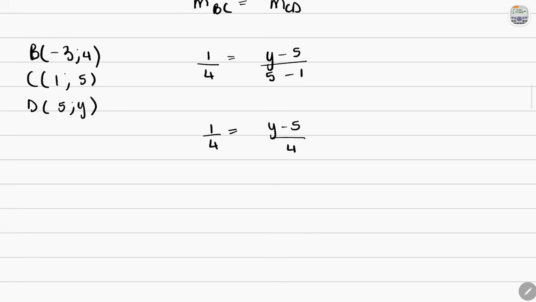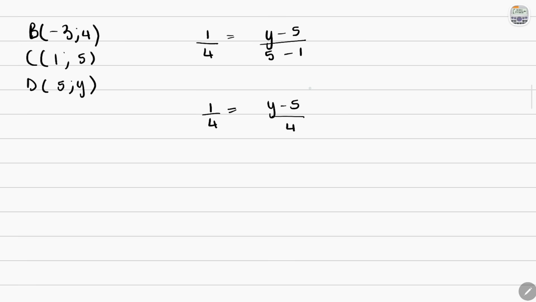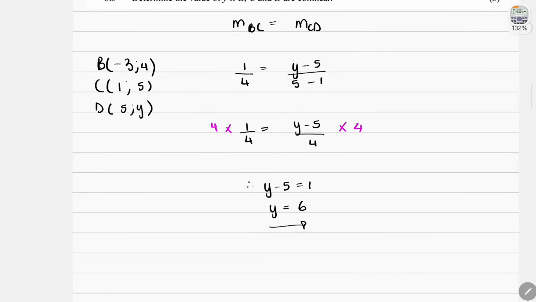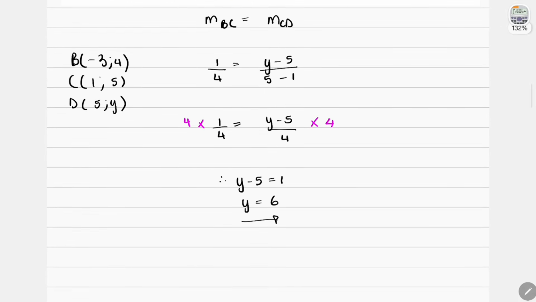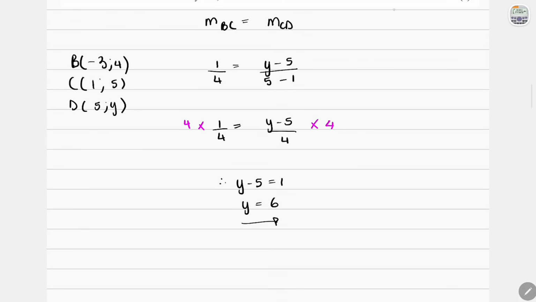The denominators are exactly the same, so you can just equate the numerators. You can get rid of the 4 by multiplying both sides of this equation by 4. So all we're saying is y minus 5 is equal to 1, and so therefore y is equal to 1 plus 5, which is 6. And that is our answer. The value of y is simply 6. Moving on to the next question.